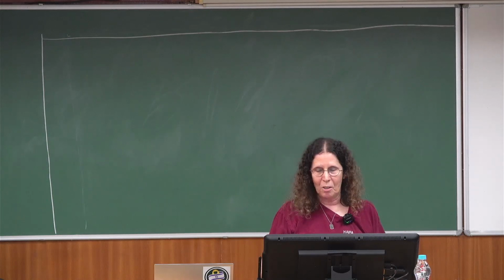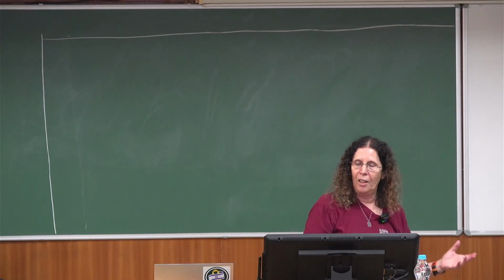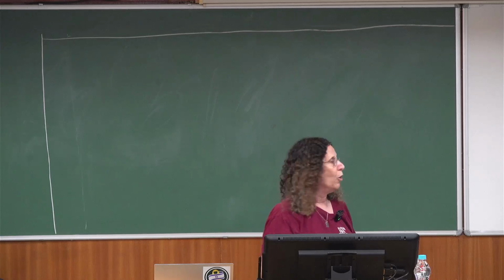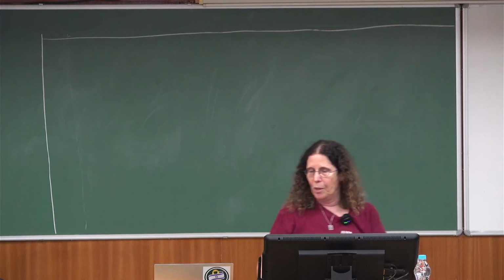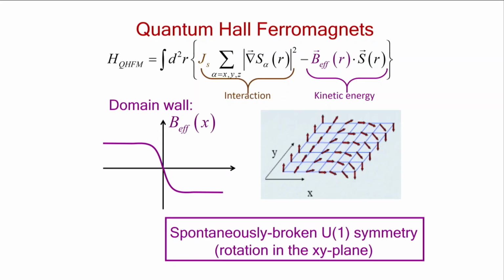Okay, so it's very confusing. The interaction is like a potential energy, and this term can be thought of as something that has to do with the kinetic energy of the spins. And let me give you a concrete example. This is exactly the domain wall you mentioned before. Suppose I can create a magnetic field that is not uniform.